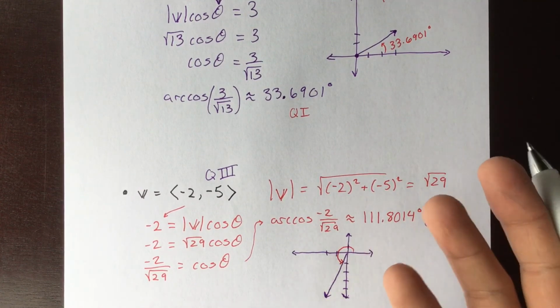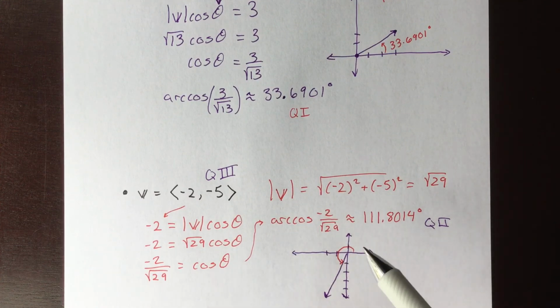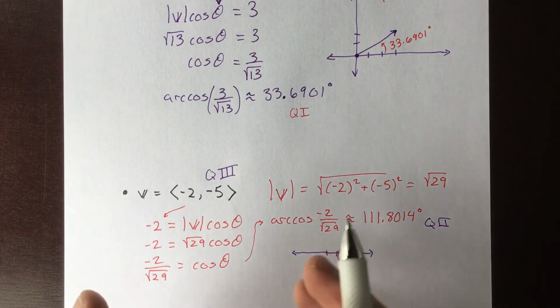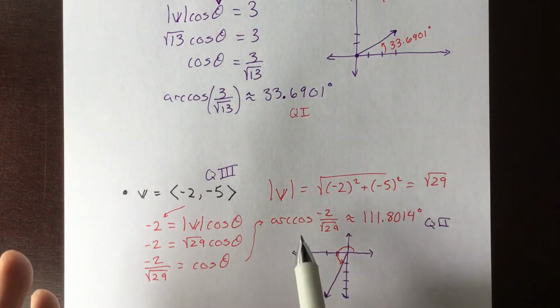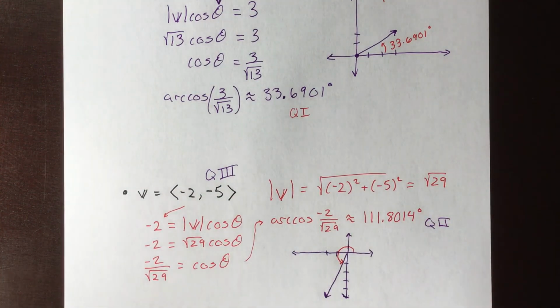The reason why it's not giving us the true angle is because the range of arc cosine only goes from 0 degrees to 180 degrees. So anything past 180 is going to require some additional work from us.